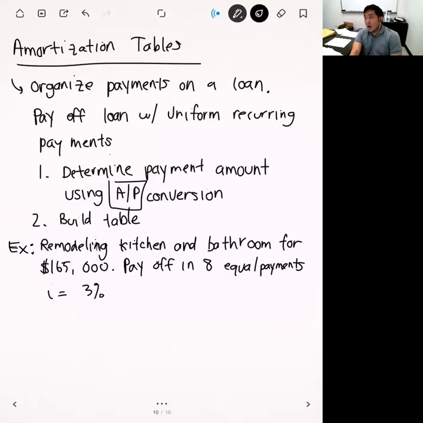All right, and so in this problem, I want you to compute first of all what the uniform payment amount is, and then we're going to build up the amortization table from there. Okay, and so first let's compute the payment amount.